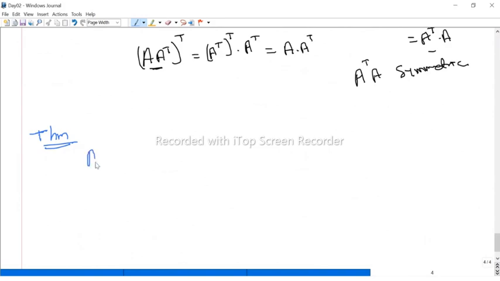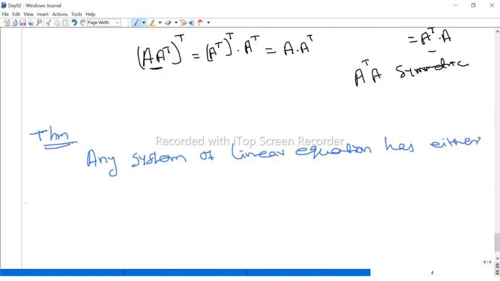Any system of linear equations has either no solution, maybe a solution does not exist; or if it exists, maybe exactly one solution; or infinitely many solutions.